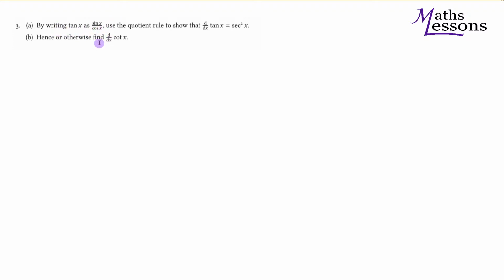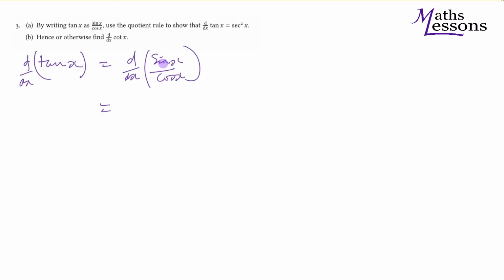So writing tan x is equal to sine x over cos x. And we want to differentiate this. So let's differentiate sine x over cos x, and we're going to use the quotient rule to do it. So we're going to write u is equal to sine x, and v is equal to cos x. So du by dx is equal to cos x, and dv by dx is equal to minus sine x.